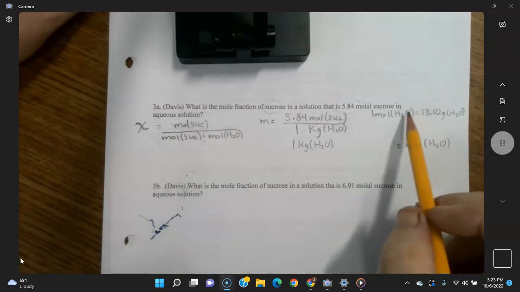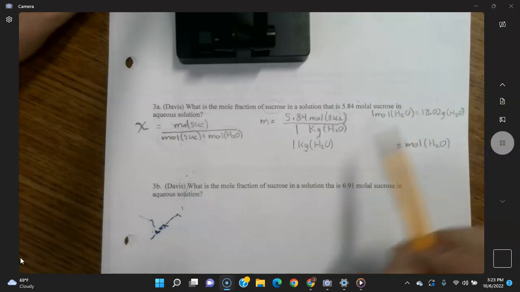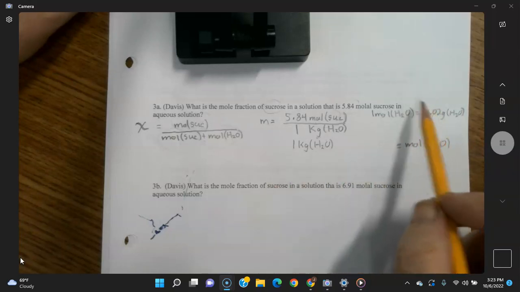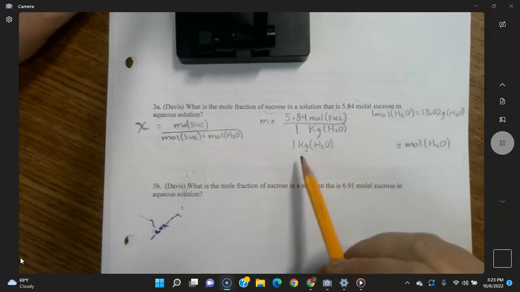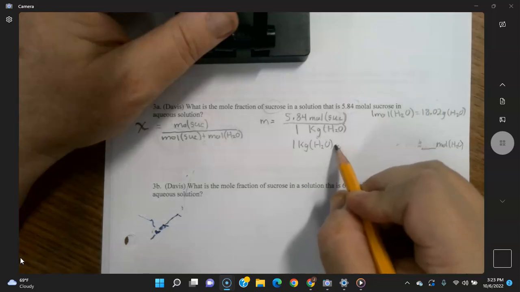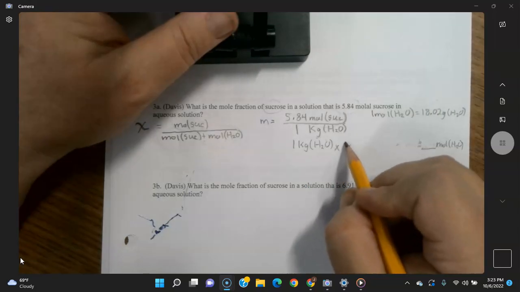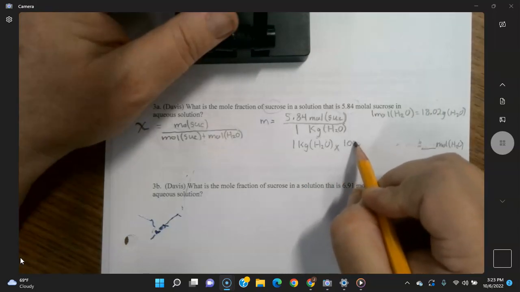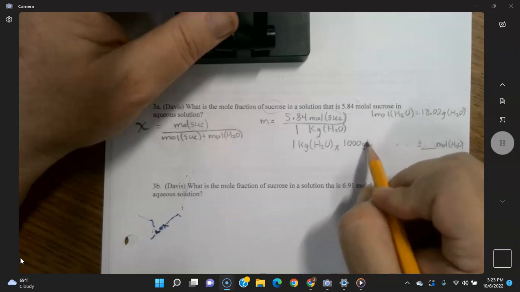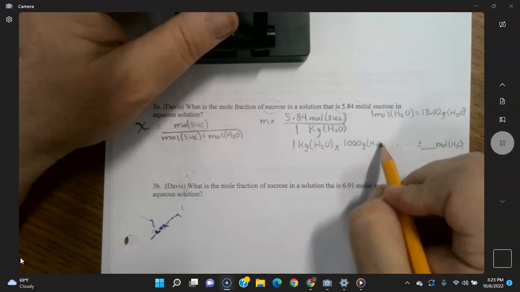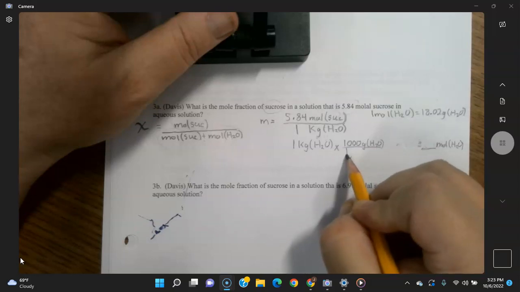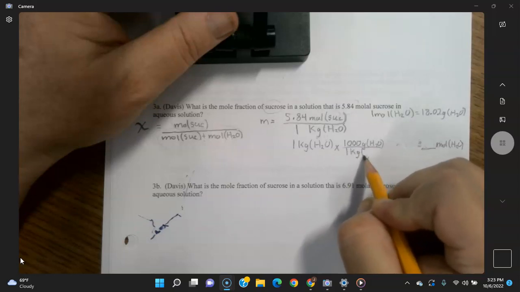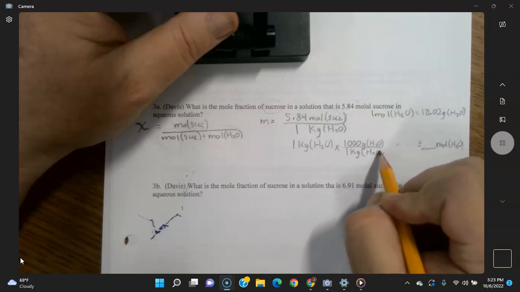There it is. So first we've got to convert kilograms to grams. If we're going to use this molar mass equivalency, we've got to convert kilograms to grams. So we know the conversion is there's 1,000 grams of H2O over 1 kilogram of H2O.